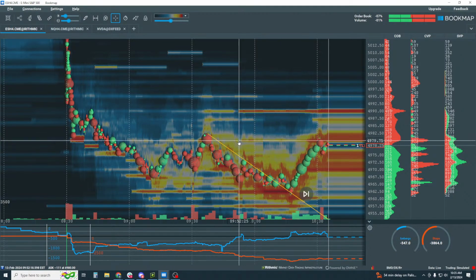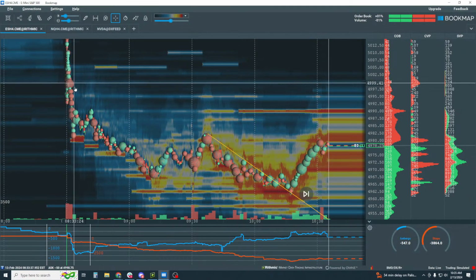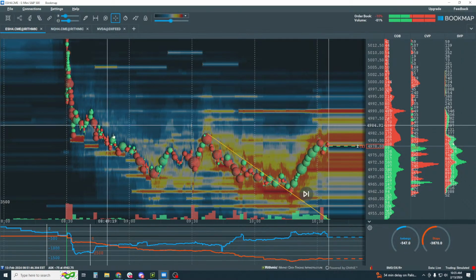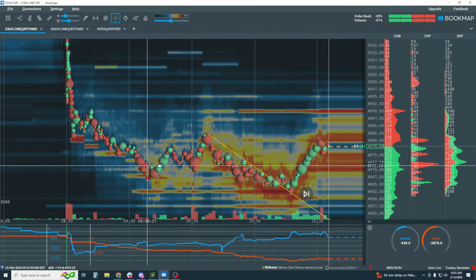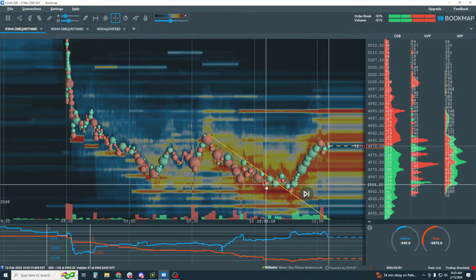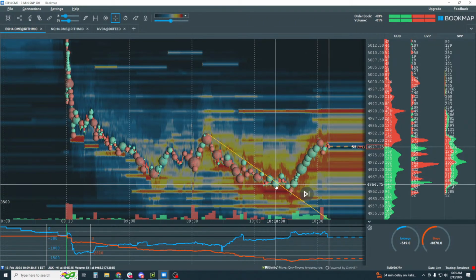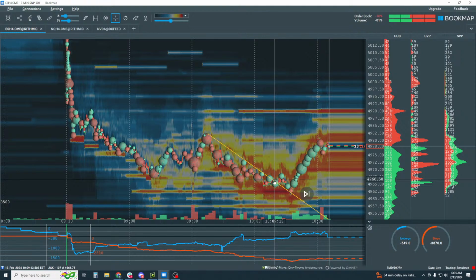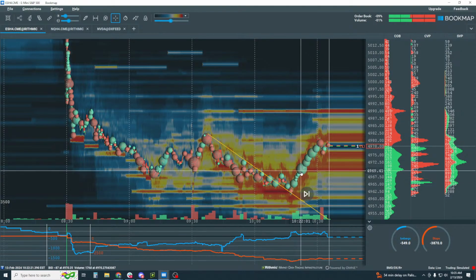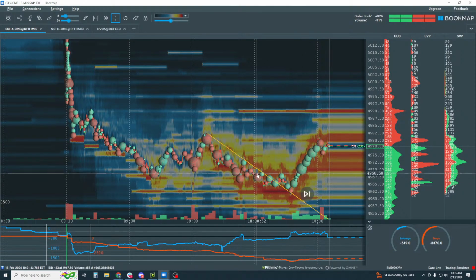All right, so let's go through the setup again here. Okay, so we have this move down after data, and we're looking at our range bar on the daily, and we know it's overextended. So then we're looking for our buyers to start to come in.